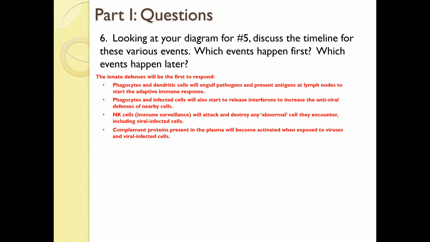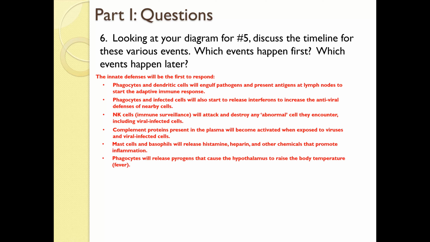Complement proteins in the plasma will become activated when exposed to viruses and viral infected cells. Mast cells and basophils will release histamine, heparin, and other chemicals that promote inflammation. And the phagocytes will release pyrogens that cause the hypothalamus to raise the body temperature, which is called a fever.